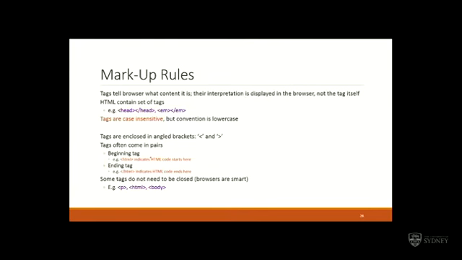Tags all look like this. Every tag is placed inside a pair of angle brackets. For an open tag, we just have the name and the brackets. For a closed tag, we have the brackets, a slash, and then the name of the tag.